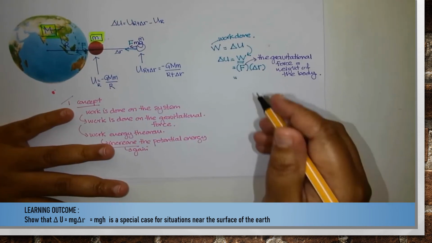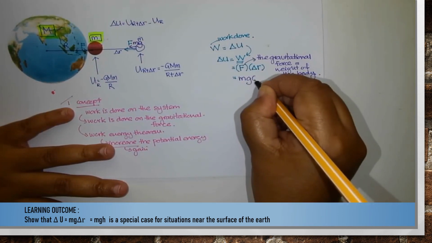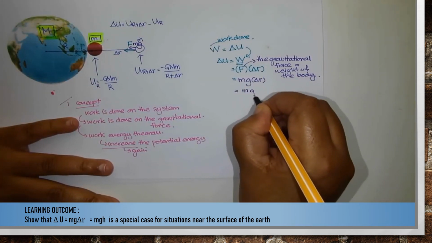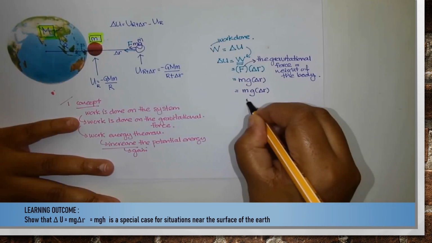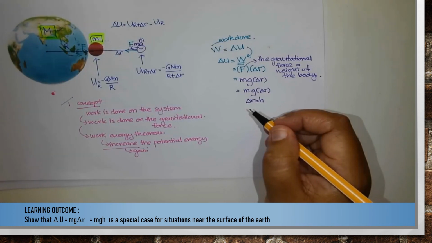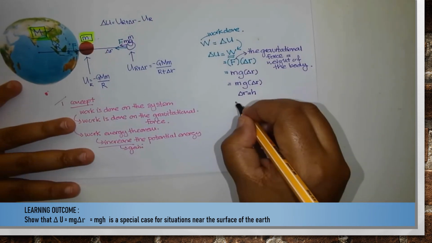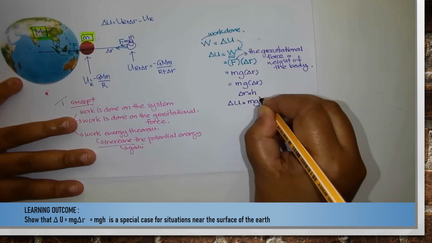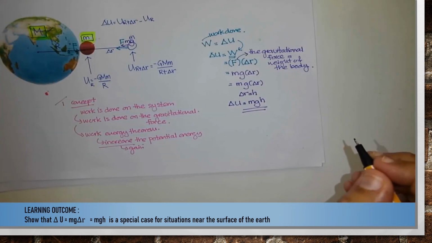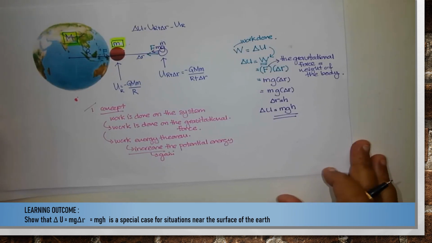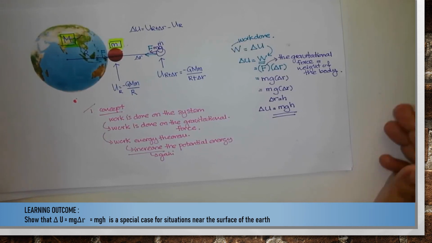So I substitute and get mg delta R. If delta R is equal to h, that means height, then I can say delta U is equal to mgh. So that is all about change in the gravitational potential energy.